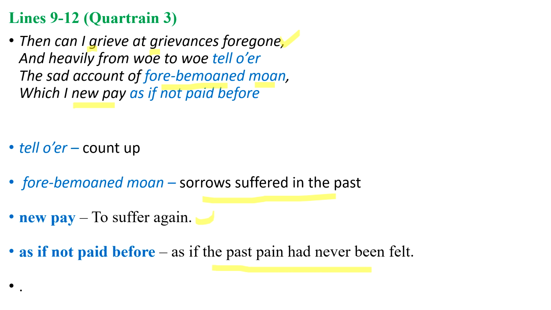So here the poet uses accounting imagery, sad account of, to describe how he emotionally repays sorrow over and over again, despite already having mourned those losses.